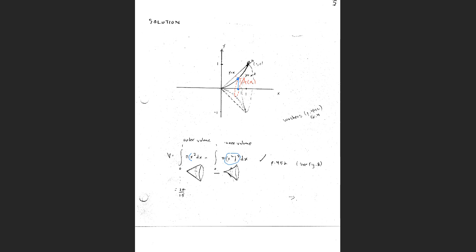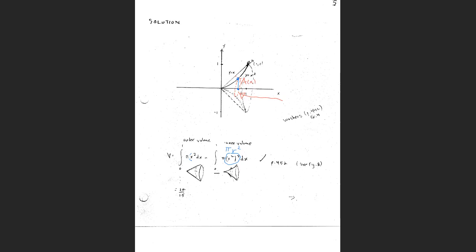The area of a circle is pi r squared, and we have a cross-sectional area here that is a circle, right? So for the inner volume, the radius is equal to x squared.